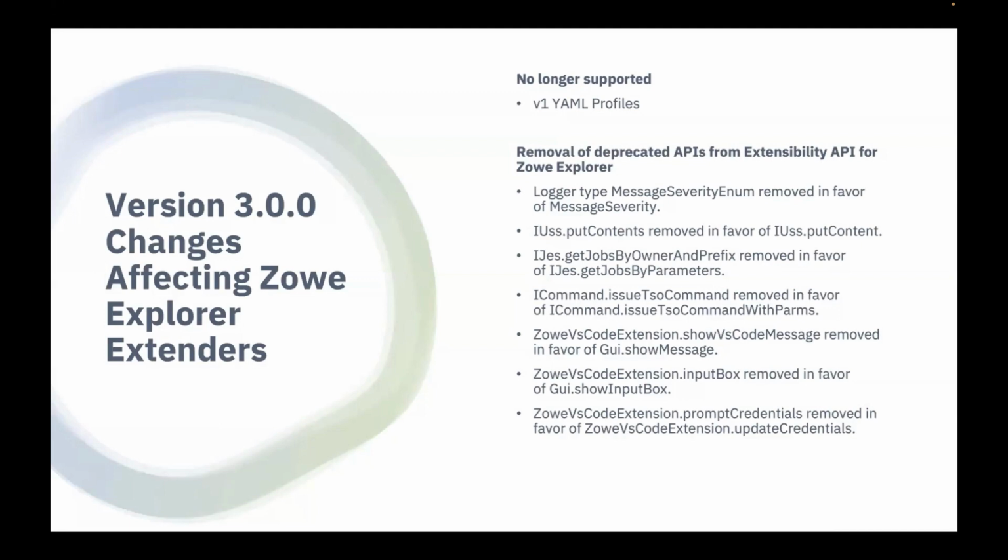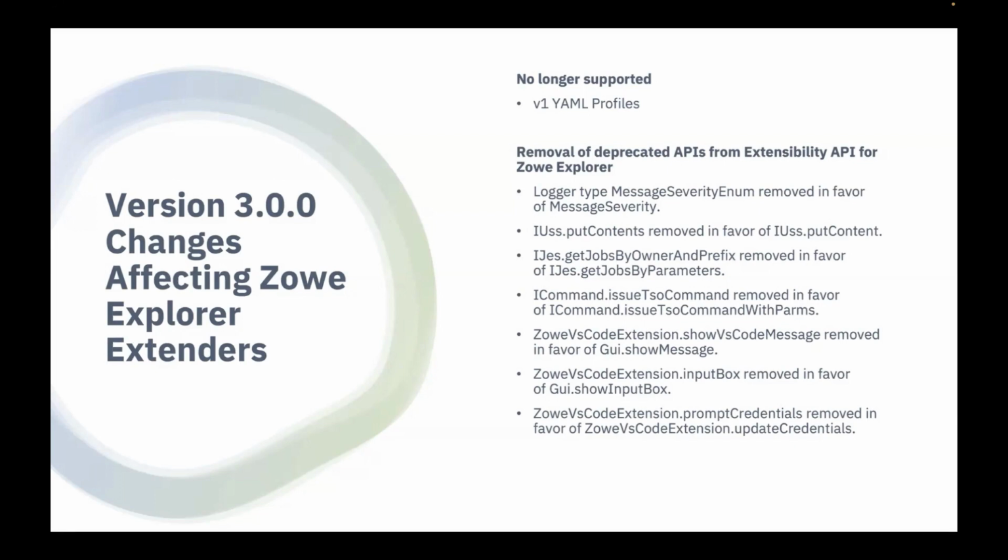As you can see from the bullet points, the logger type of message severity enum was removed in favor of message severity. The IUSS put content was removed in favor of IUSS put content, as well as the I just get jobs by owner and prefix was removed in favor of I just get jobs by parameters.